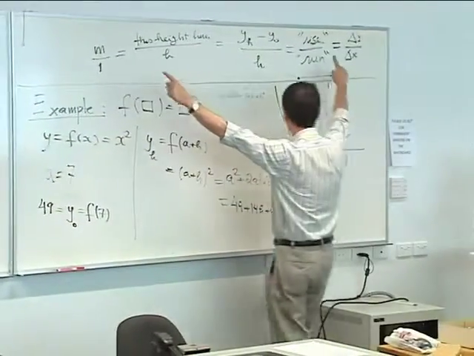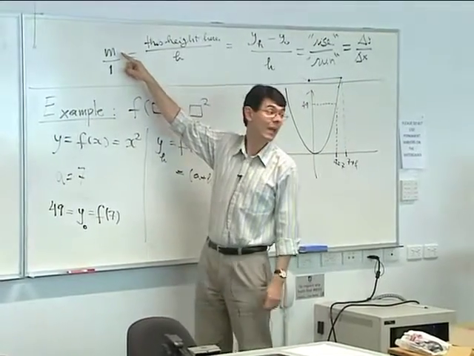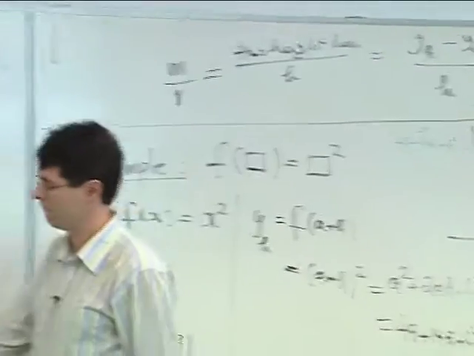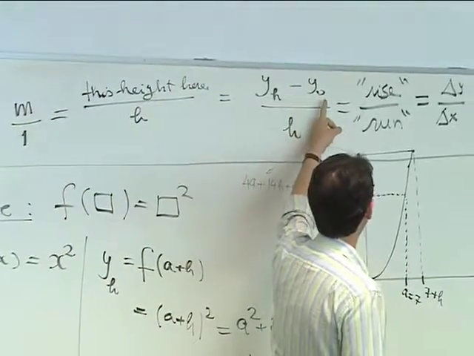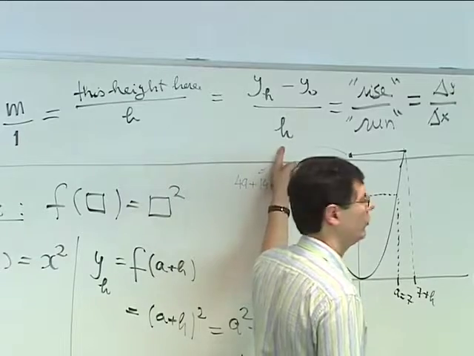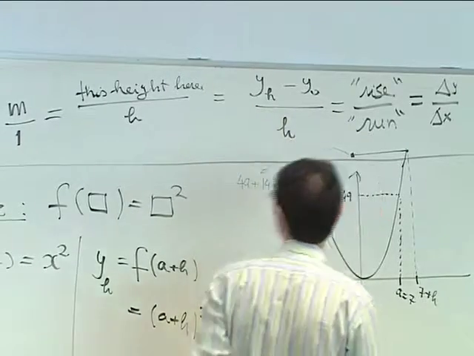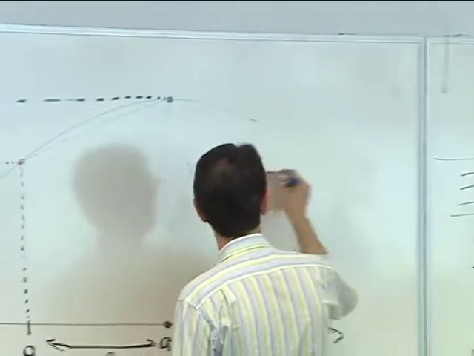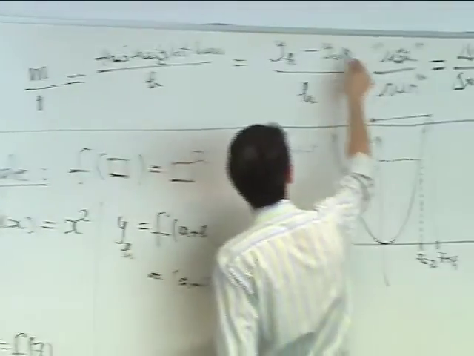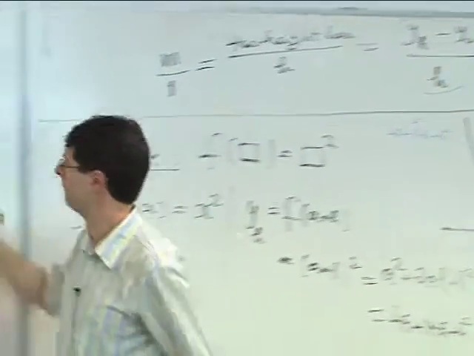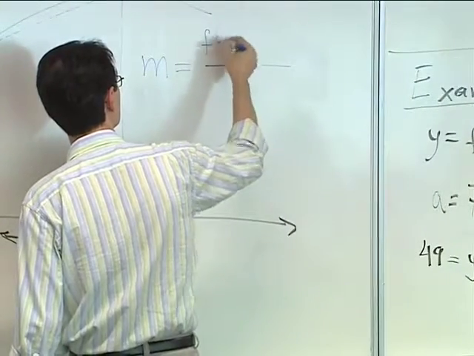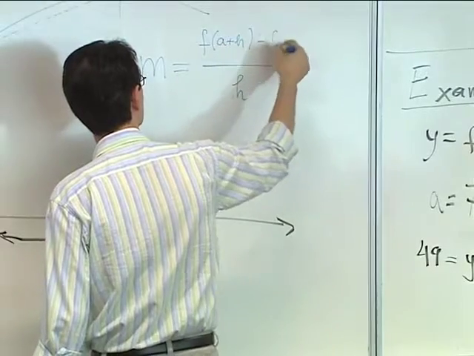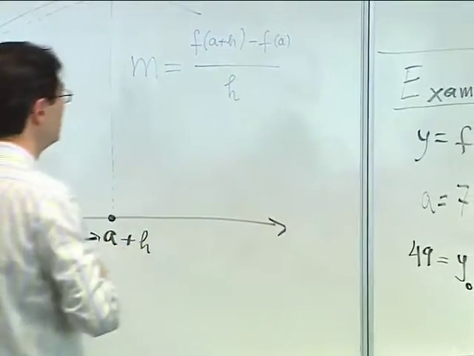Take a look at what's written here on top. The slope of the blue line, the m for the blue line, is the difference between the y's divided by h. And so I'm using this formula here. Check it out.